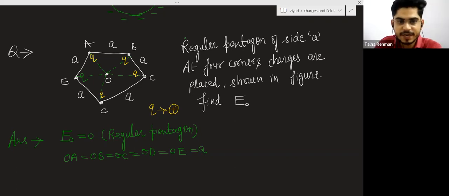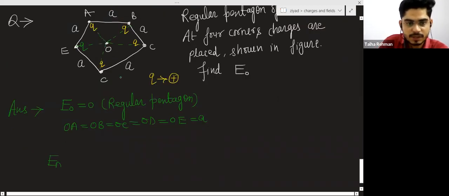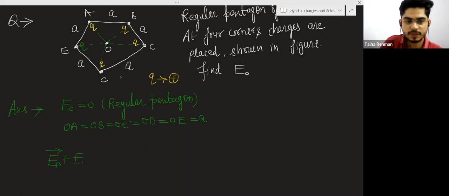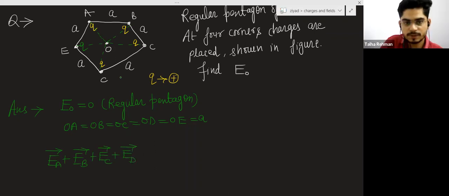So can we find the electric field at point O due to the charges? EA plus EB plus EC plus ED plus EE is equal to 0 if this is a regular pentagon.